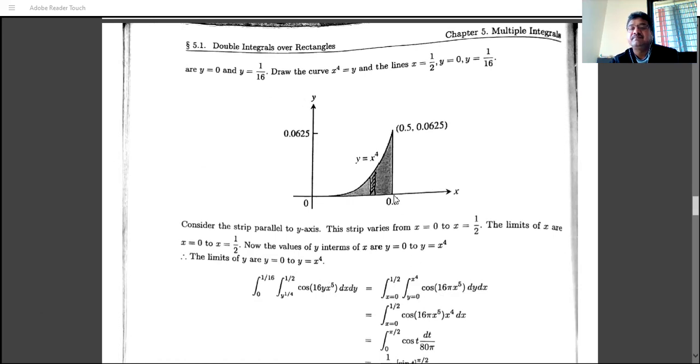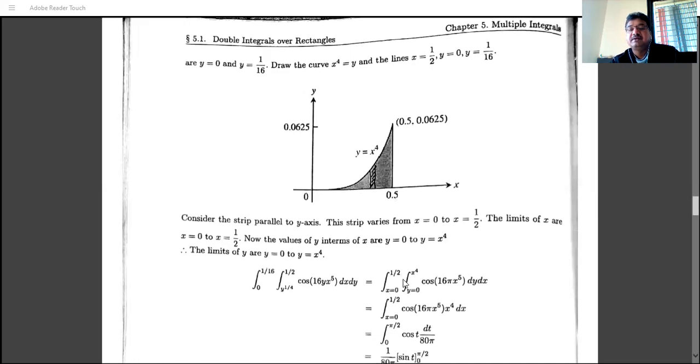So y runs from where? One end of this strip touches the line y equal to 0, so y equal to 0 is the lower limit. Another end touches the curve y equal to x^4, so y equal to x^4 is the upper limit. To cover this region, we have to move this strip from this point to this point, 0 to 0.5.